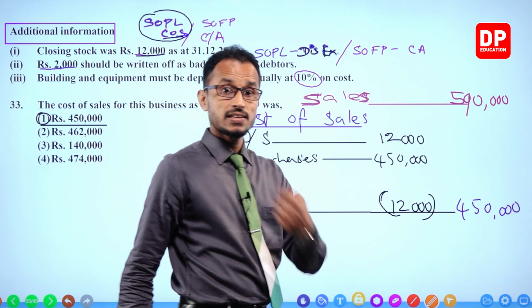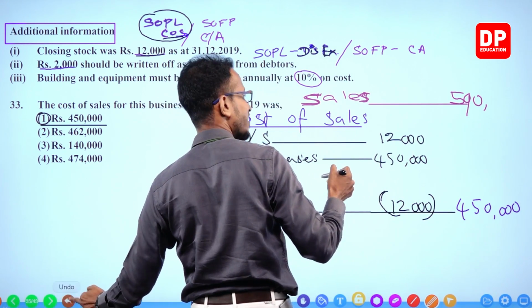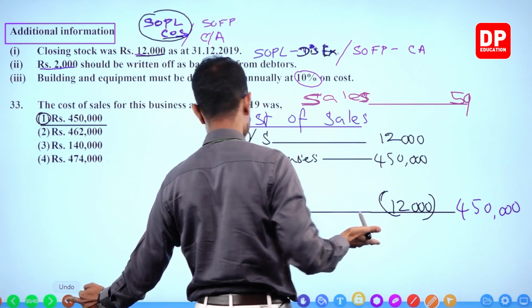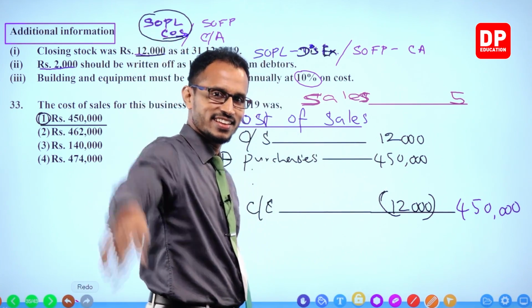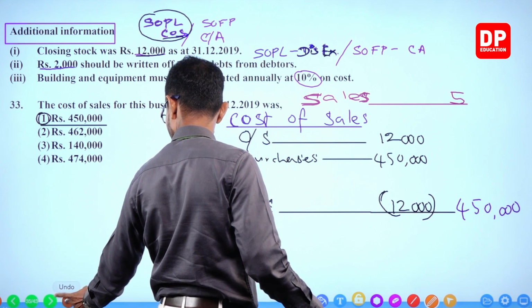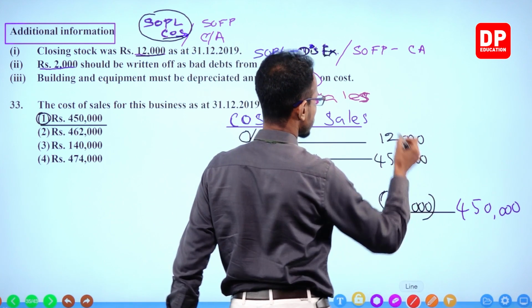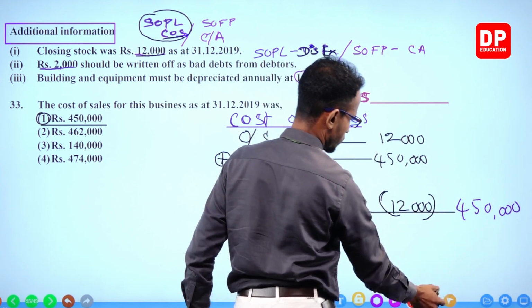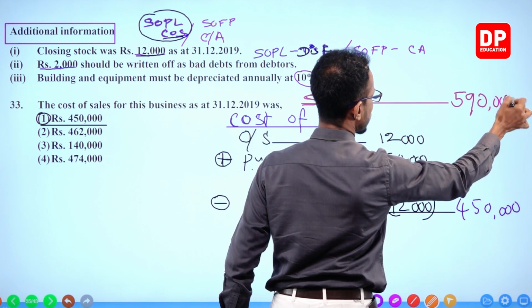Can you see that? Of course you can see that. I know I don't need to write it again, but I'm going to write it again. 590,000.